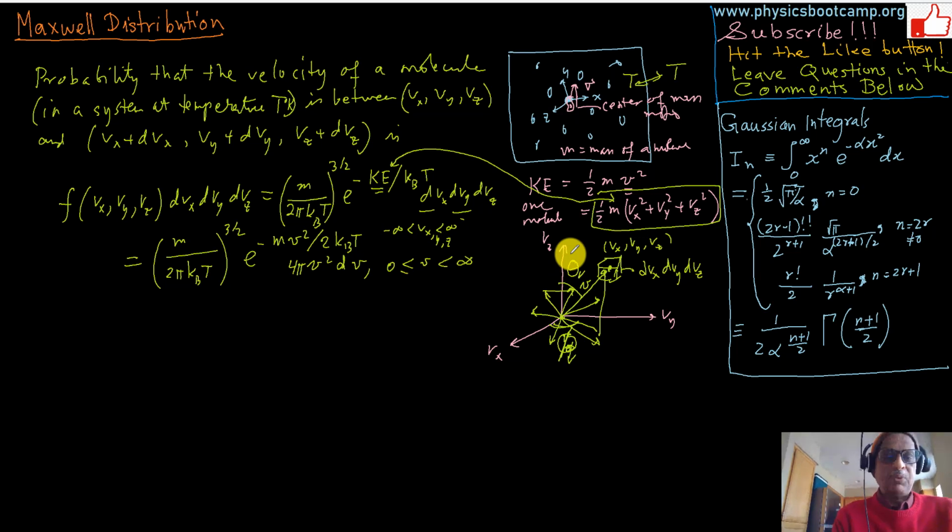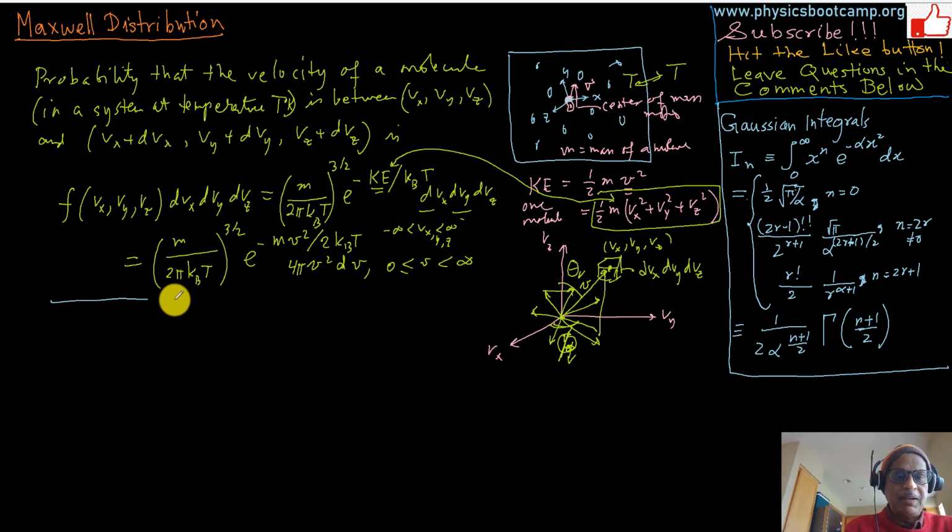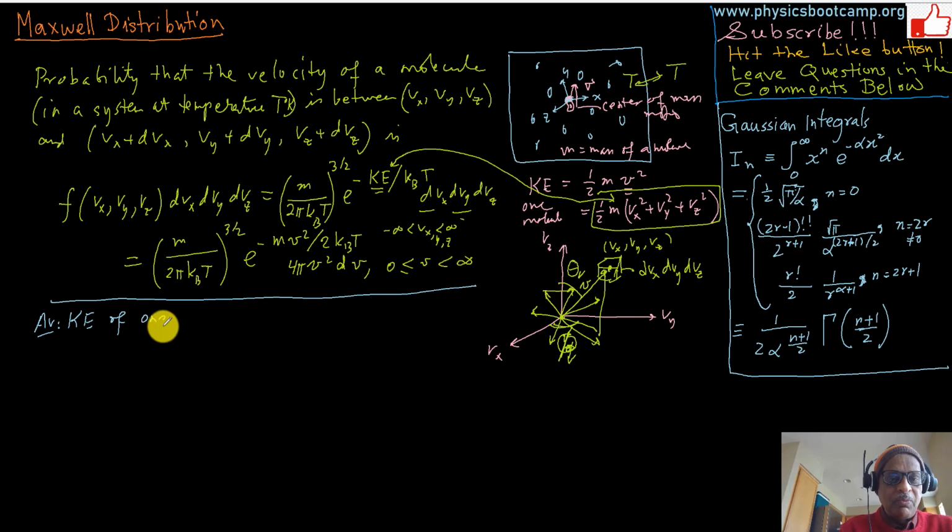Okay, so we can actually compute a lot of properties using this. So let's compute one thing: what's the average kinetic energy of one molecule. You can find out from here by doing averaging.